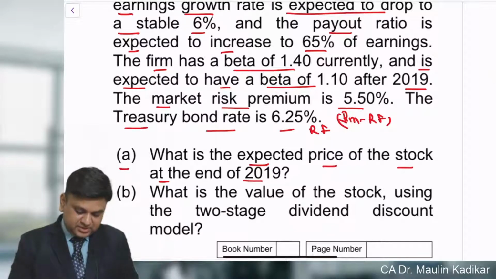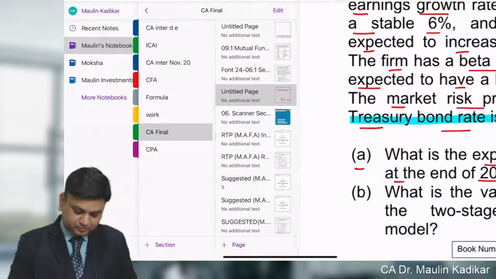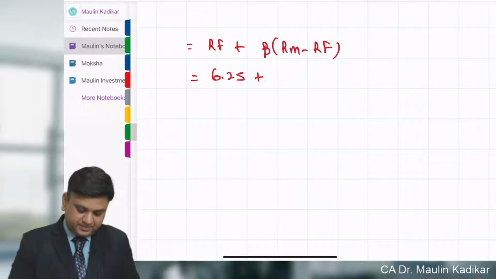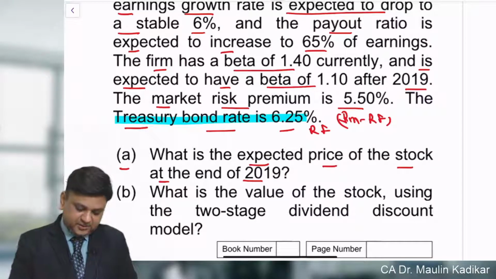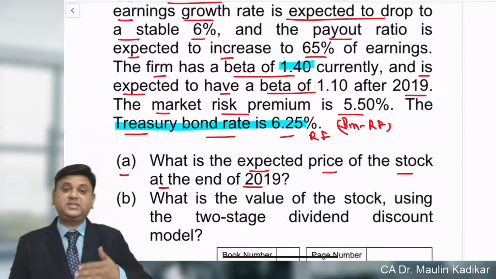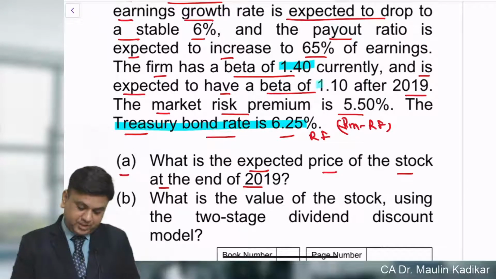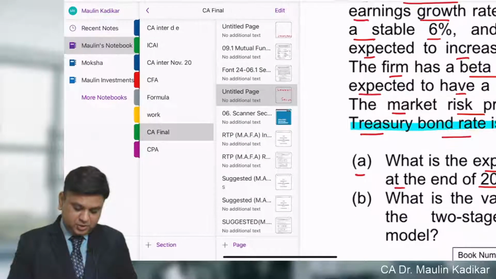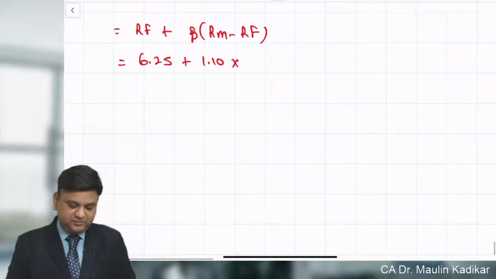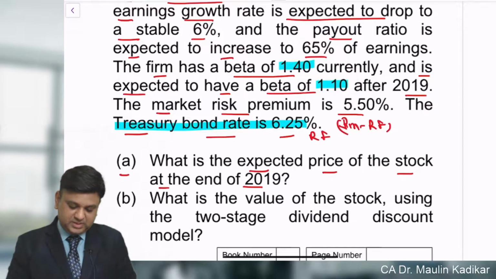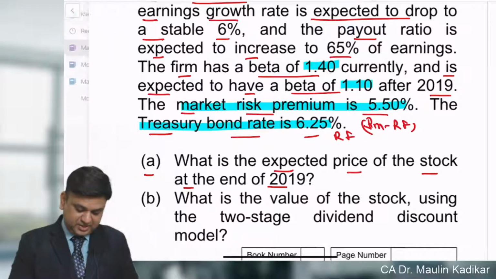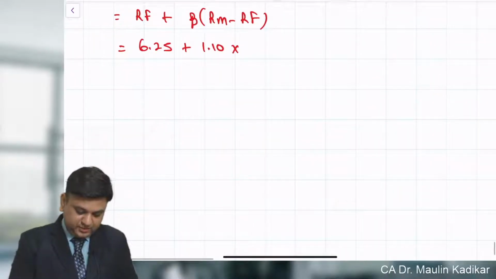The risk-free rate of return is 6.25%, so RF is 6.25, plus beta. What is the beta of the security? The beta is right now 1.40, but we are concerned with the beta later on, so 1.10 is relevant. So the beta will be taken as 1.10, into RM minus RF. The market risk premium is provided directly in the question. What is the market risk premium? It is 5.5%, so into 5.5.